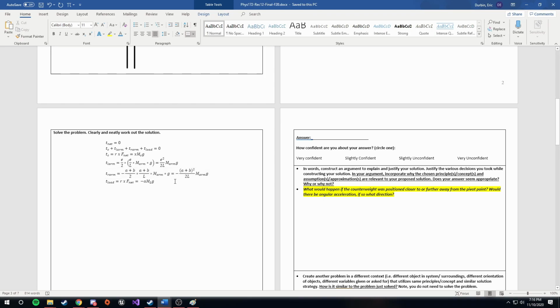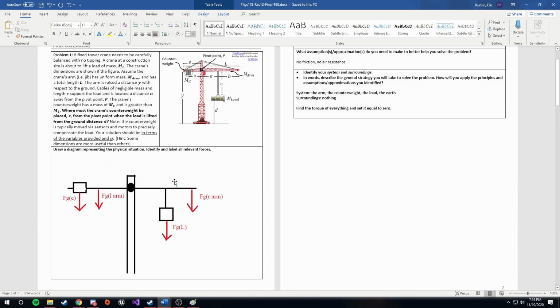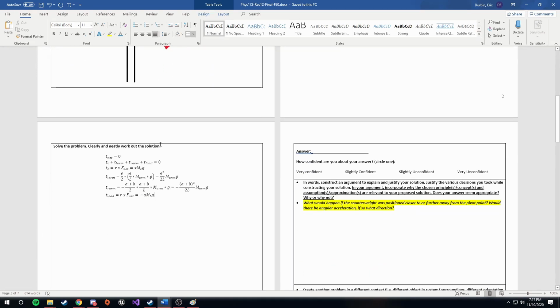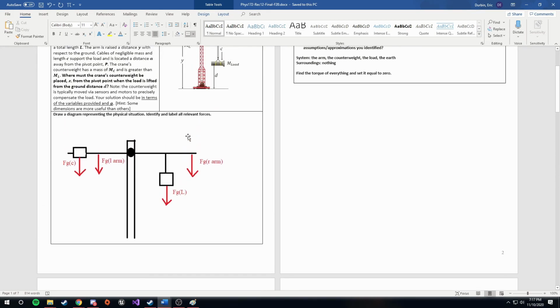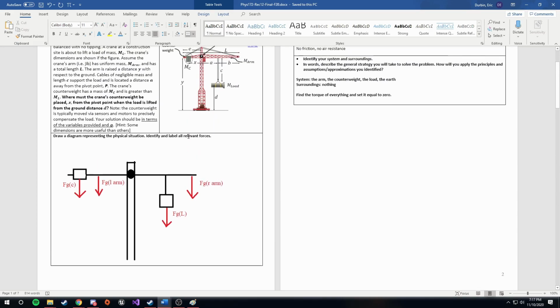Cool, so are we missing any torques? Is it just the 4? We got the arm and the two weights. For the counterweight, we just got x times mg.